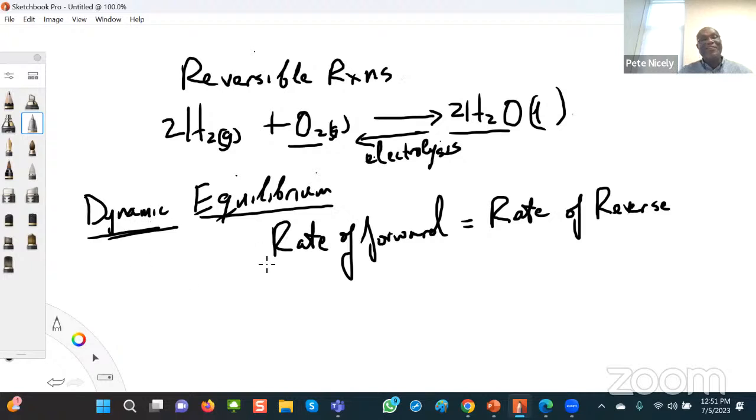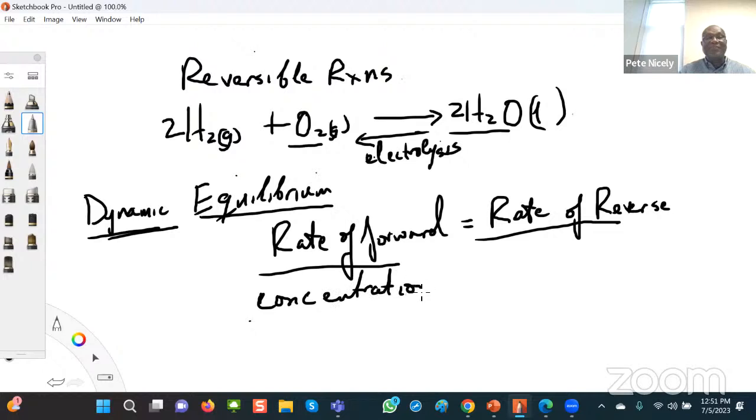Now, the key thing that you need to remember is that even though you have the back and forth taking place, the concentration of all the components in the system will be constant. Right? As long as the system is in a state of dynamic equilibrium, the concentrations of every single substance involved will be constant.